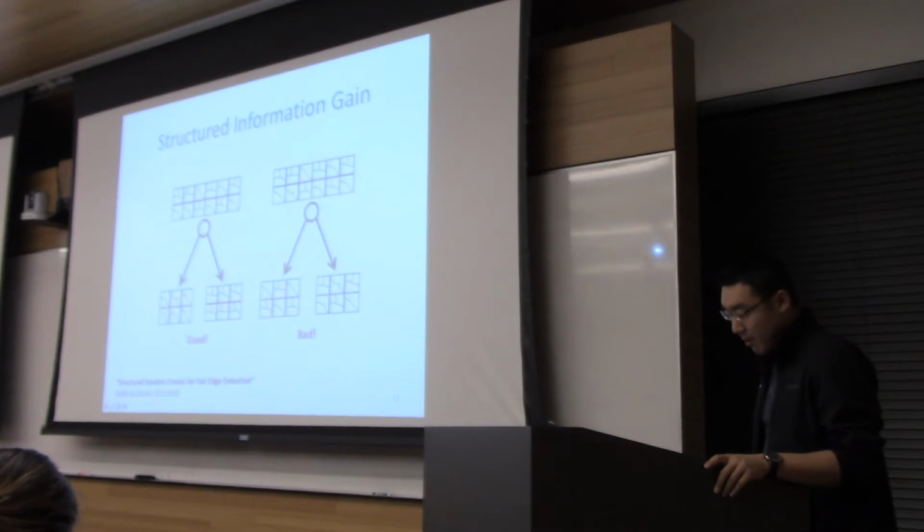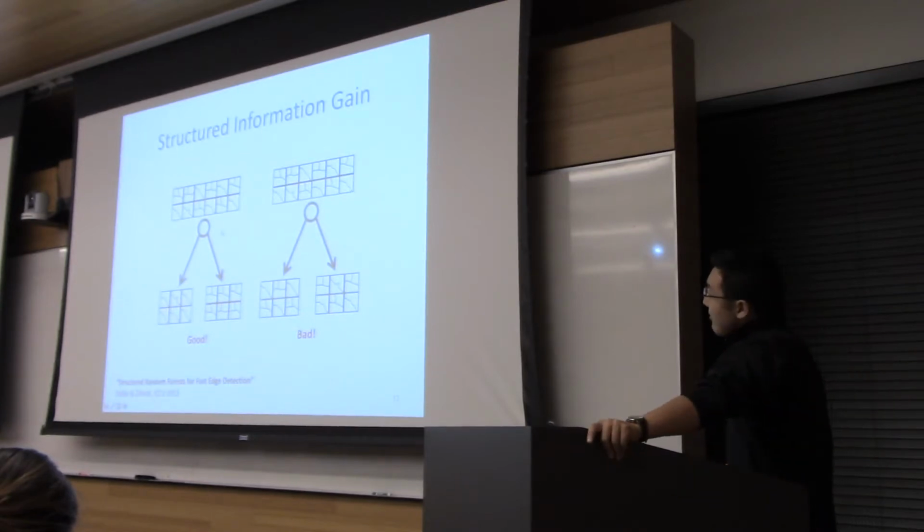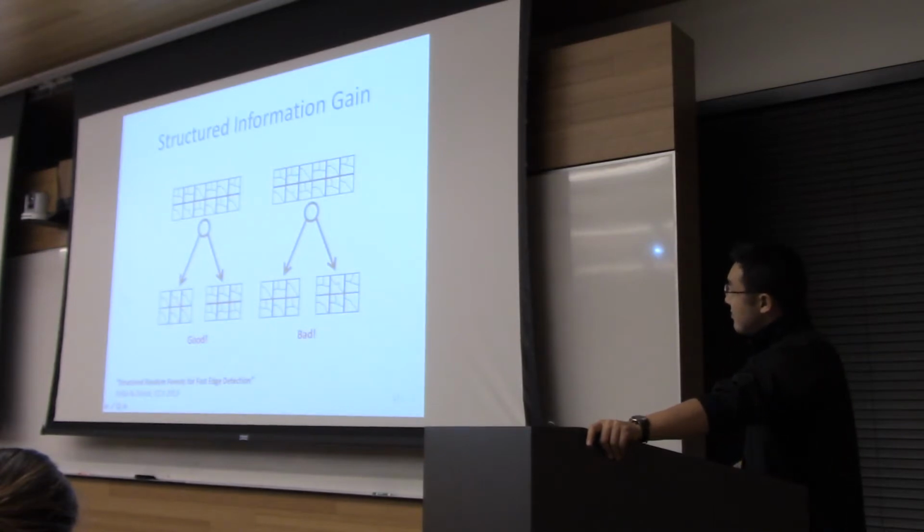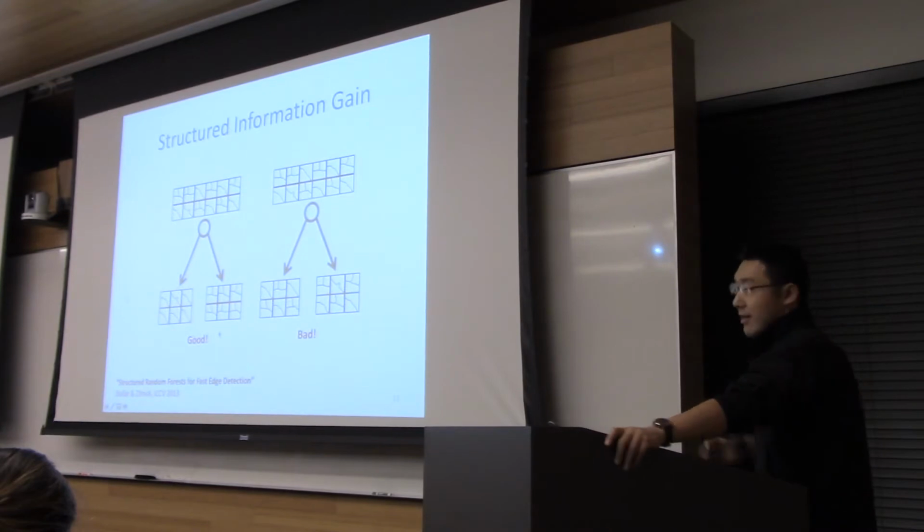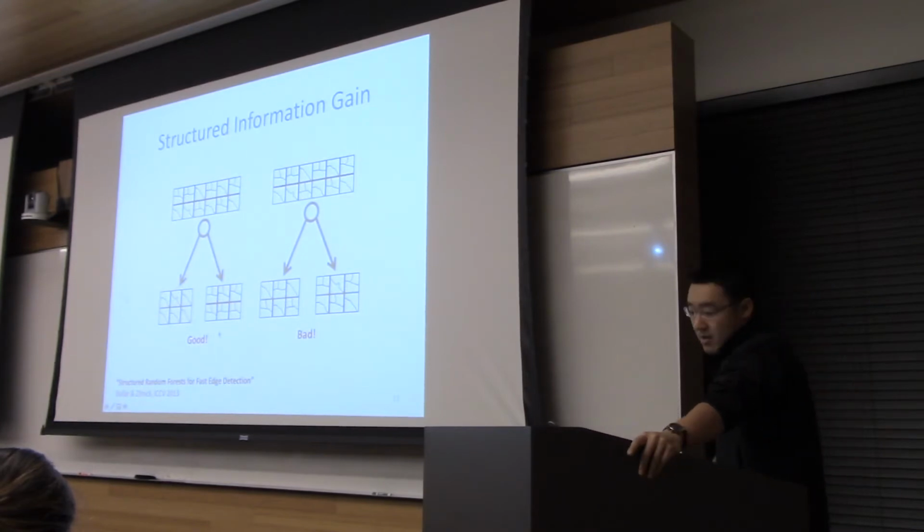And so the query function that we chose on the left split the training data into these two leaf nodes, right? And just from eyeballing it, I think we can all agree that this is a pretty good split, right? Like these edges all look very similar, and these edges all look pretty similar, right?